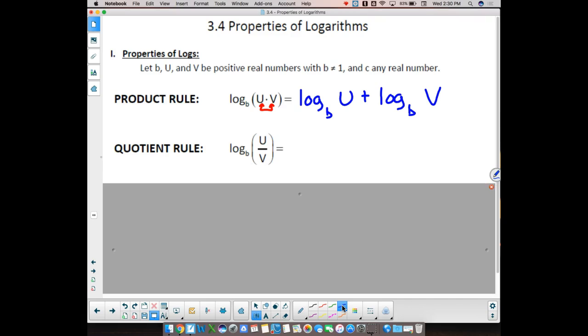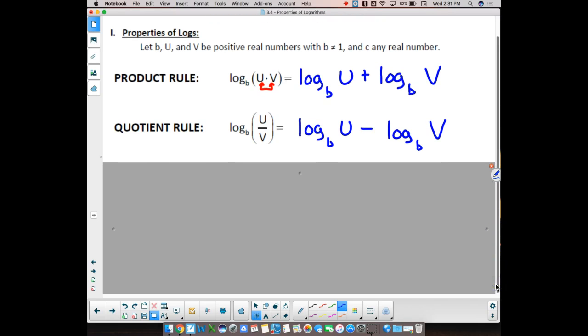Quotient rule says if instead of me multiplying those 2 things, I'm dividing those 2 things, then instead of adding, I'm subtracting. Log base b of u minus log base b of v. The power property is next.